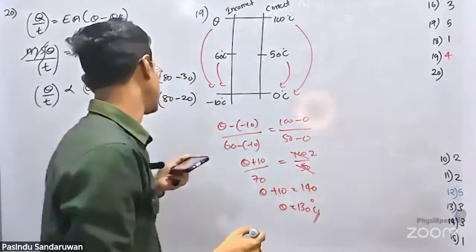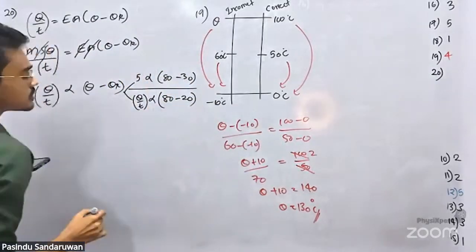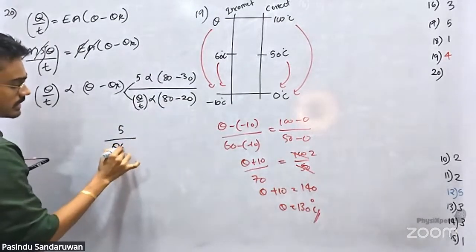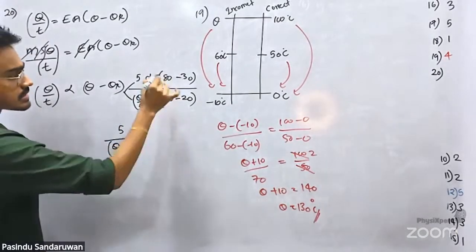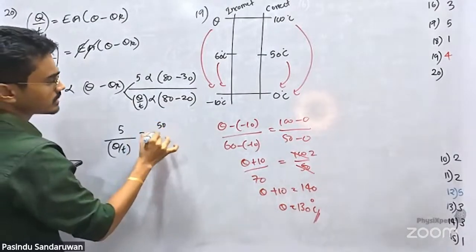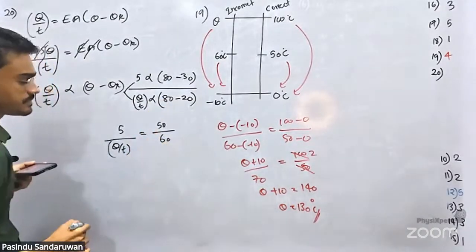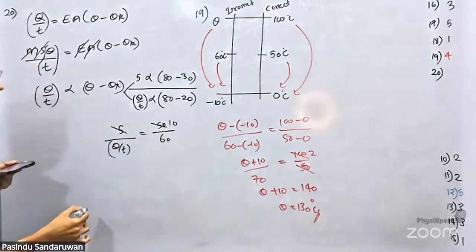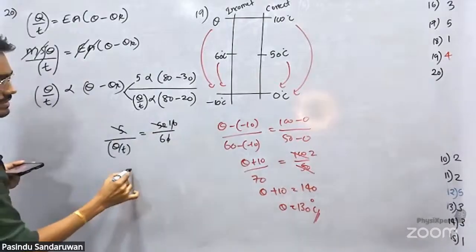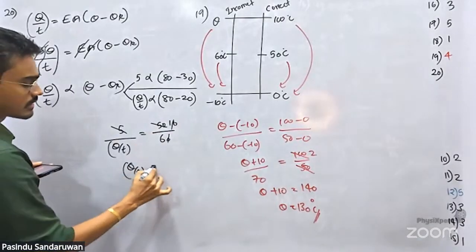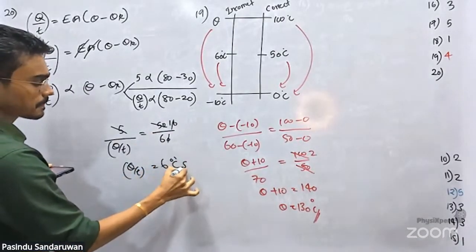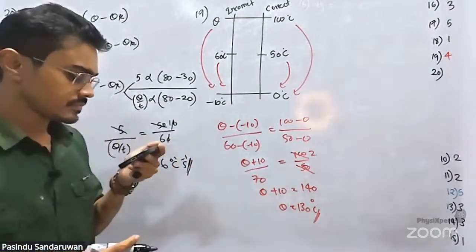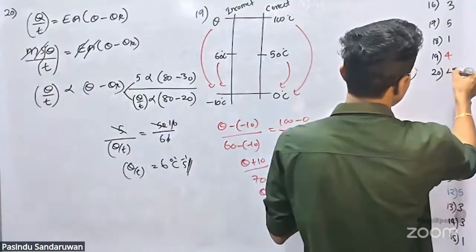Divide these two. Then 5 over theta over T equals 50 over 60. This is 5 times 10 over 50, these cancel, which means theta over T equals 6. For 20, answer 4.